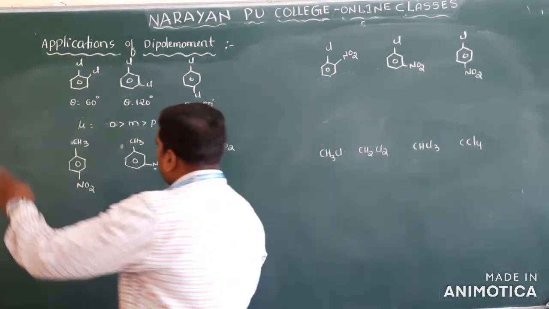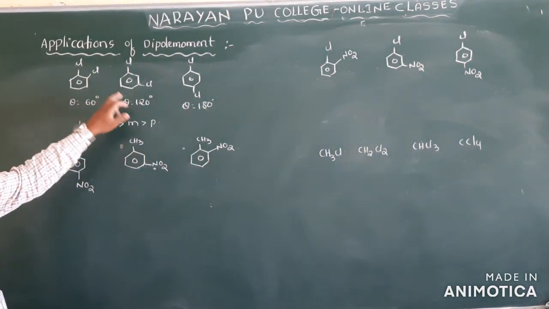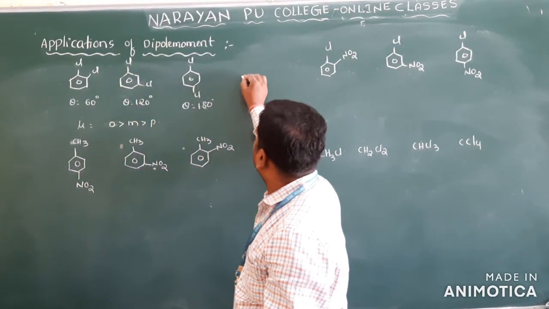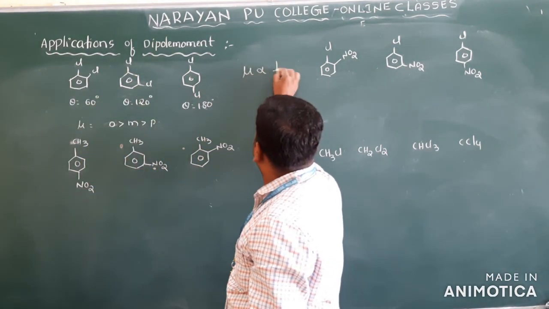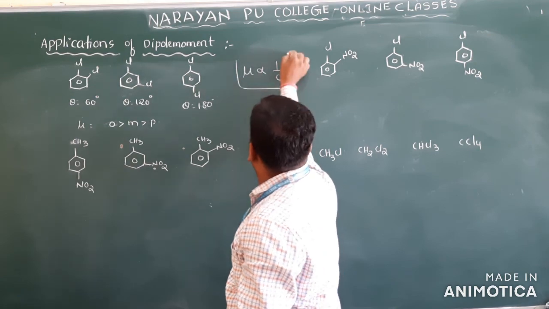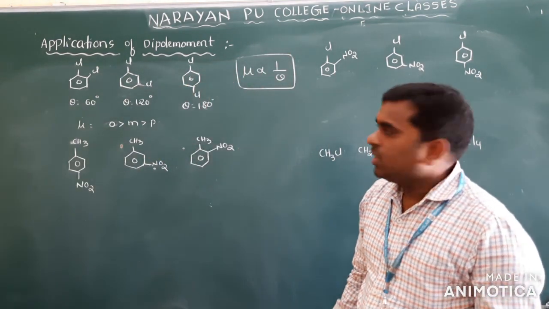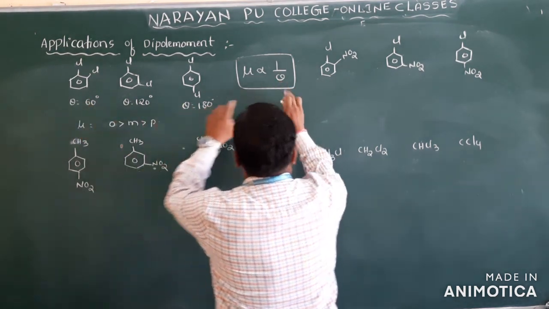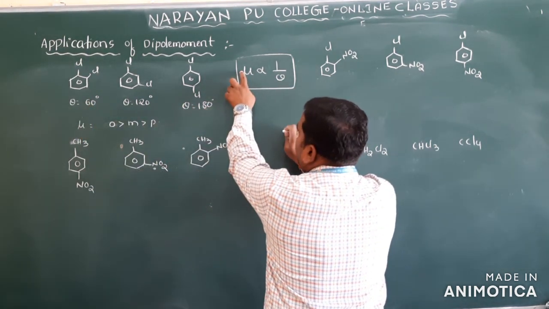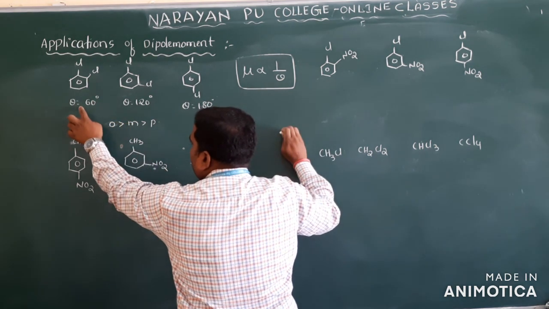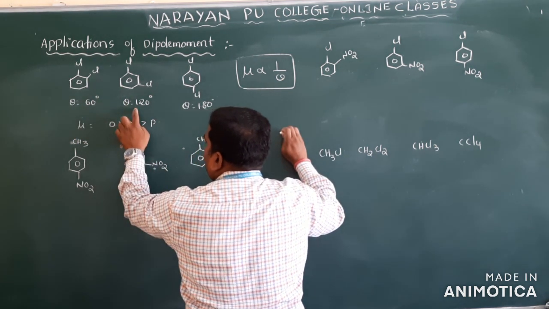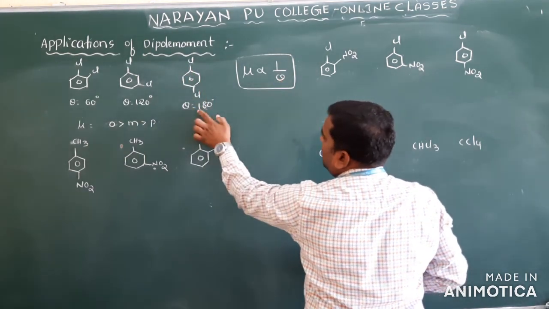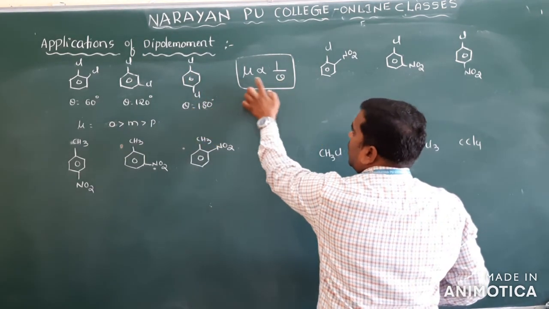Next one. Just now I mentioned the dipole moment for ortho, meta and para. I have already given that mu is inversely proportional to theta. Previously I have given, or not? See now, theta is 60 here. If theta is small, the dipole moment will be highest. For ortho theta is 60, for meta 120 and for para 180. The highest angle gives the lowest dipole moment.